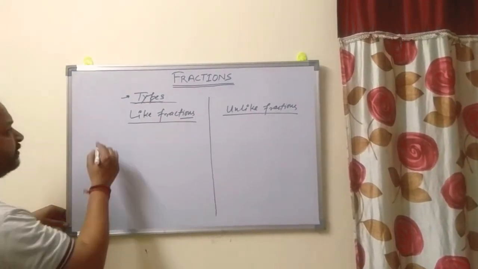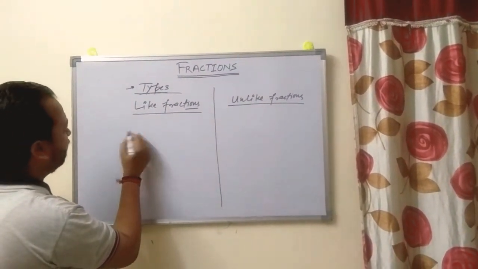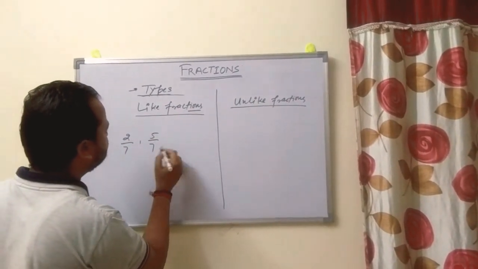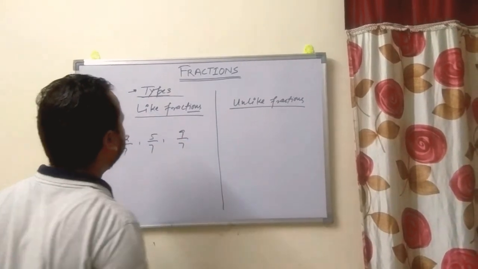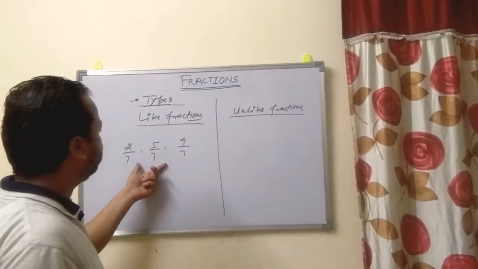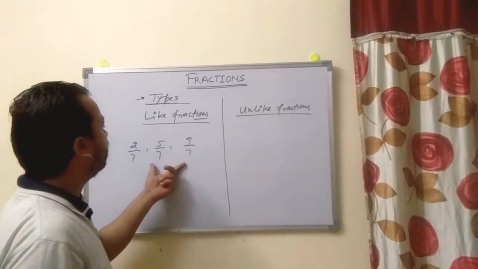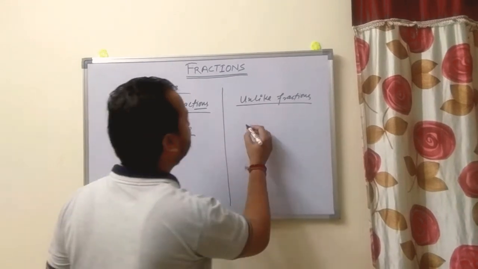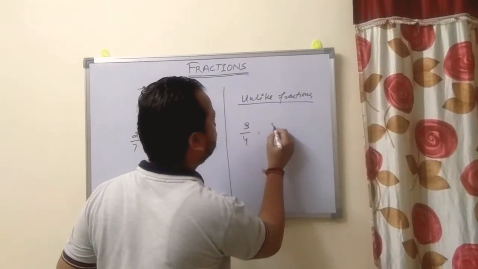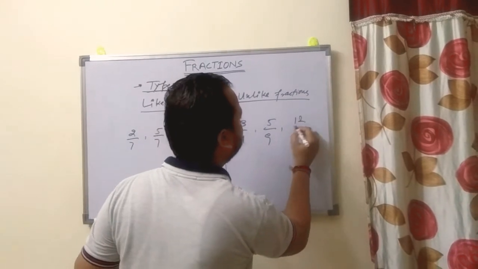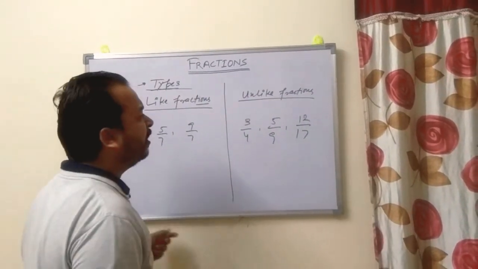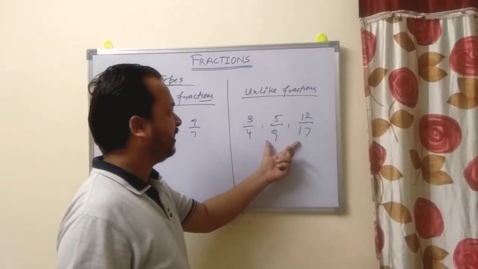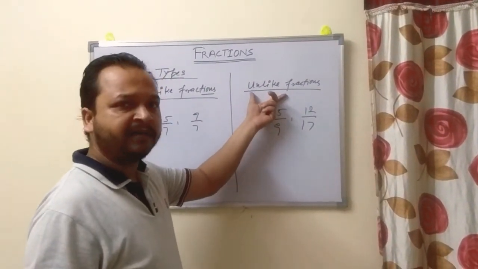In like fractions, if there are many fractions written as 2 by 7, 5 by 7, 9 by 7, these fractions whose denominator is same are known as like fractions. And the opposite of this is if written as 3 by 4, 5 by 9, 12 upon 17, those fractions whose denominators are not same are known as unlike fractions.